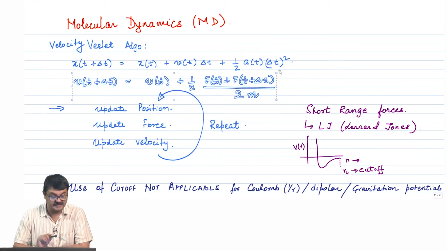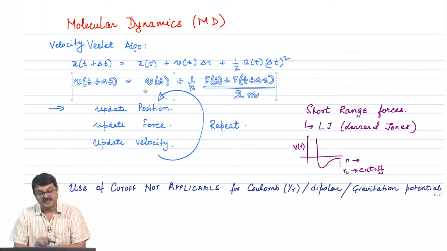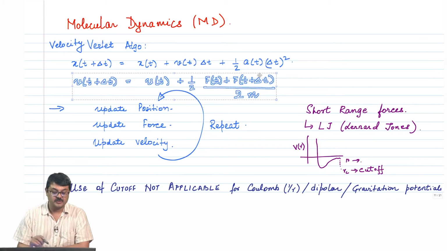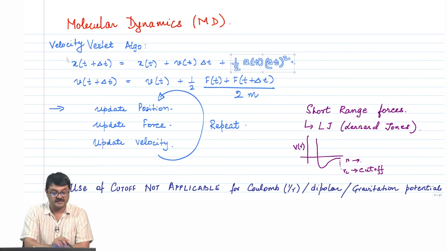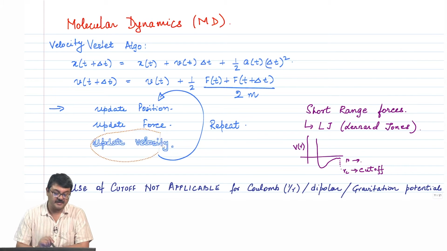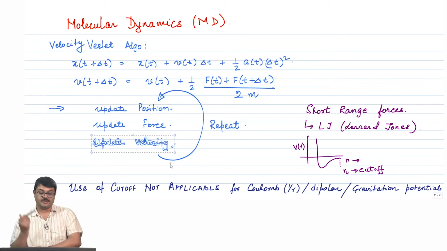As we discussed last time, the velocity at time t plus delta t depends upon the velocity at the previous time t, but interestingly it depends upon the force both at the previous time t and the present time t plus delta t. So, what one has to do is update the position, then update the force as per the new position, so that one gets f at t plus delta t, and then update the velocity, and this is repeated in this order.